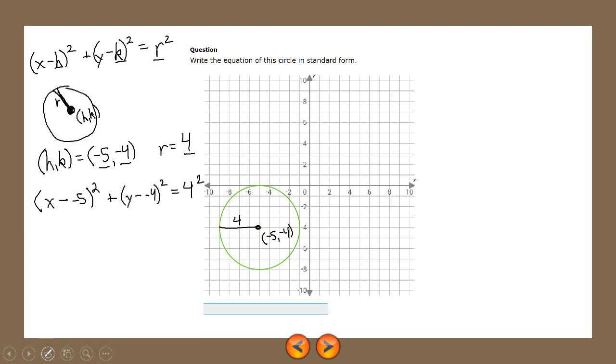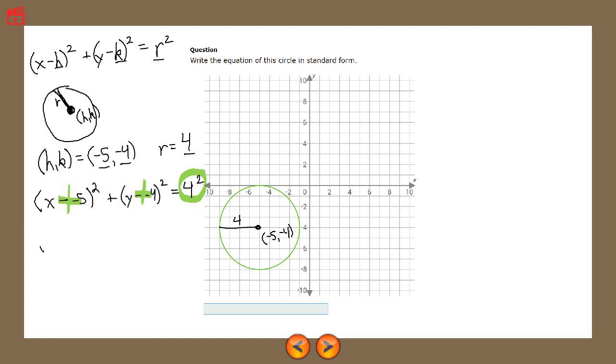The things you would have to worry about simplifying are this. We don't want to deal with a minus a negative number, so we're going to rewrite that as a plus. Minus the negative is a plus. And we can also just evaluate what 4 squared is.